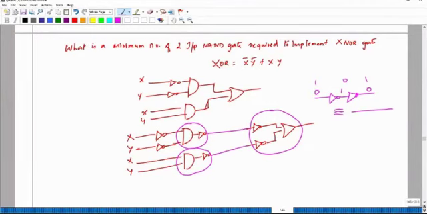So how many NAND gates are required? 1, 2, 3, 4, 5. So total 5 NAND gates are required to implement.